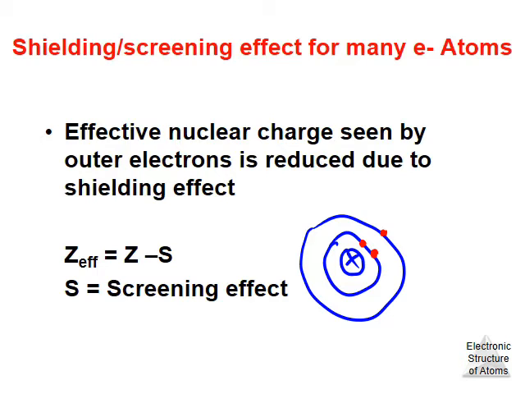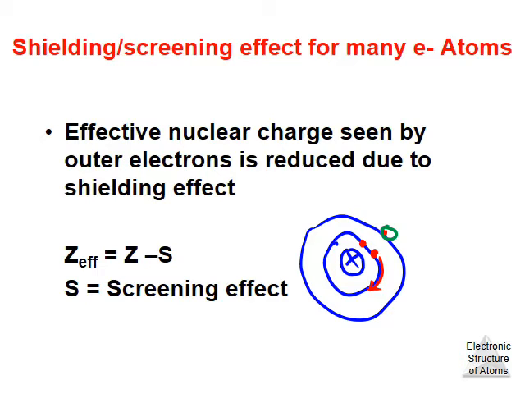Keep in mind, these electrons are not stationary, they're moving very fast. So it would appear to the outer electron, which I'm showing you with another green arrow, that it would see only part of the positive charge because the inner electrons would be covering much of the positive charge.